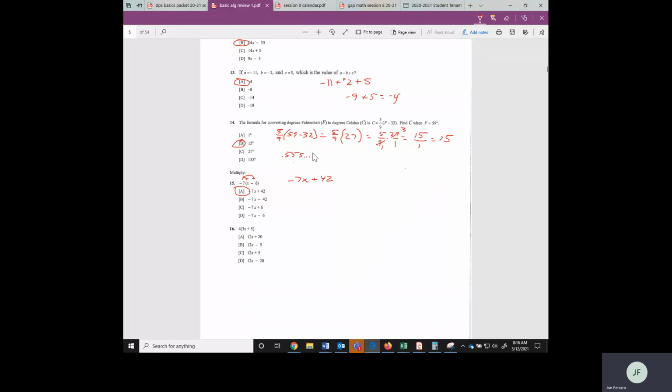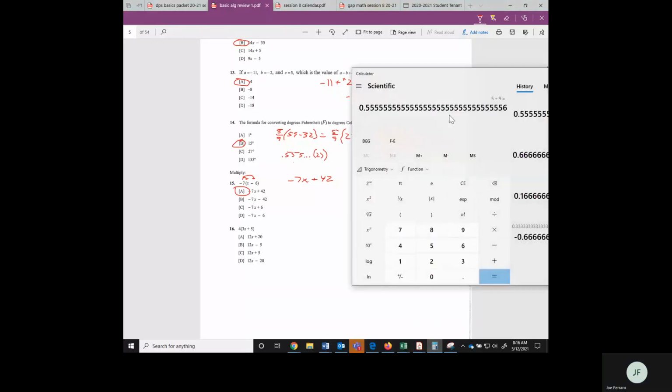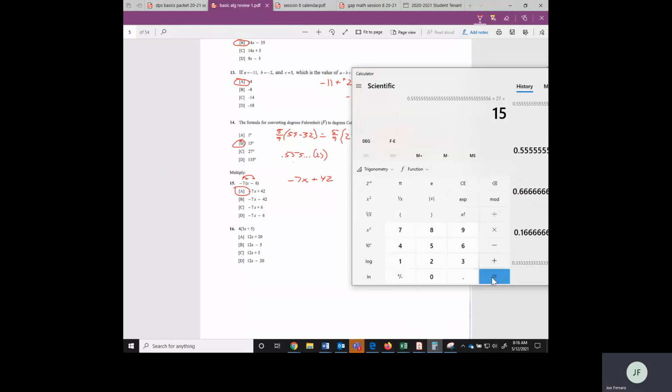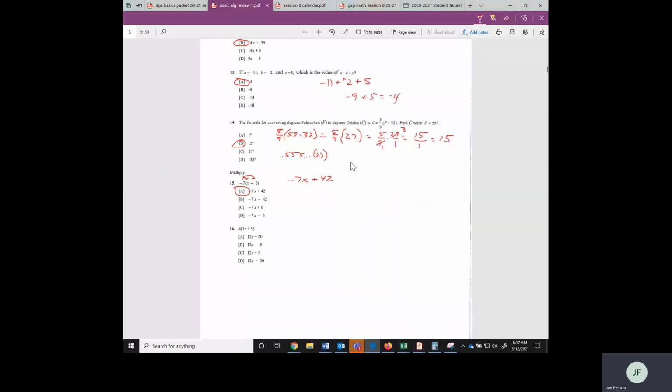If you cleared your calculator and you got to retype it in, make sure you just fill your calculator screen with 5s, 0.55555, and then take that times 27, and you get 15. Some calculators might give you 14.9999999. You just got to know, especially with the answers given, that that's 15.